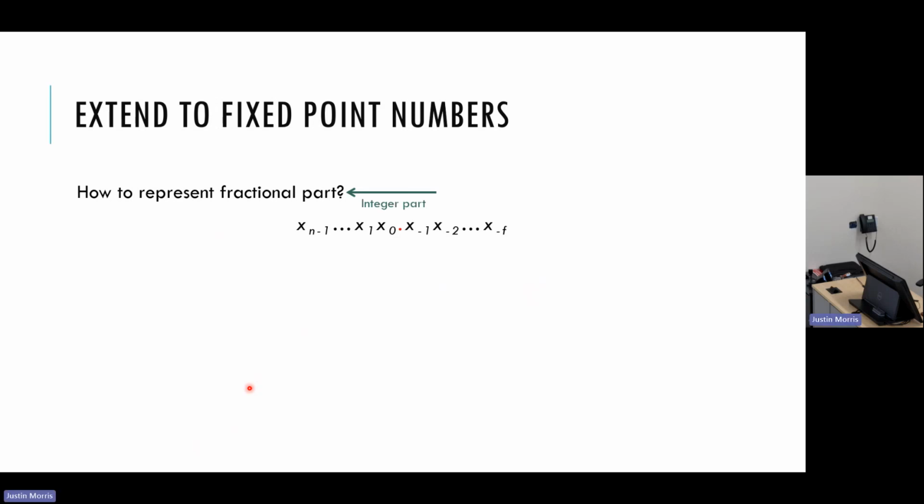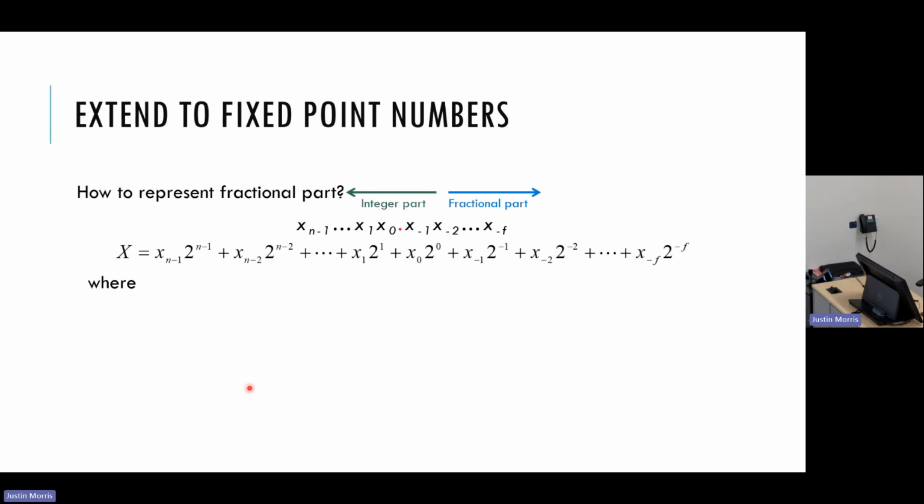You're basically going to have an integer part and a fractional part, just like in decimal. And you just denote where it turns into a fraction with a decimal point. And just like we do in decimal, once you go past the decimal point, now you're going into the negative powers.